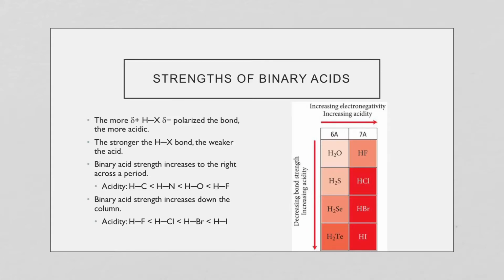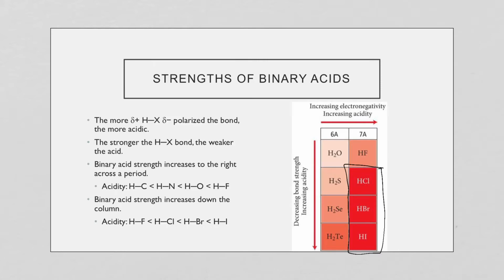And in fact, over here, we have 3 strong acids. Right? So as we go down, the acids get stronger. As we go over to the right, from group 6 to 7, we get increasing acid strength as well.